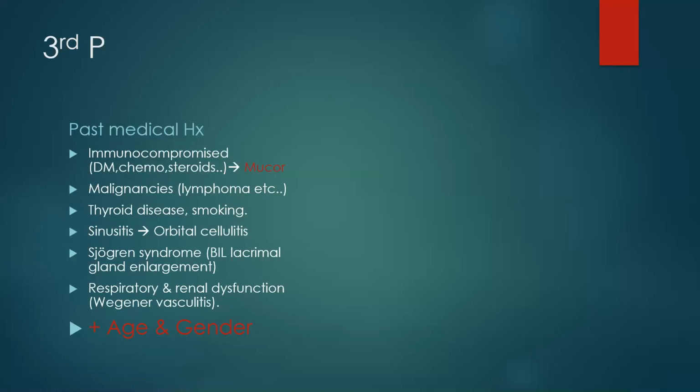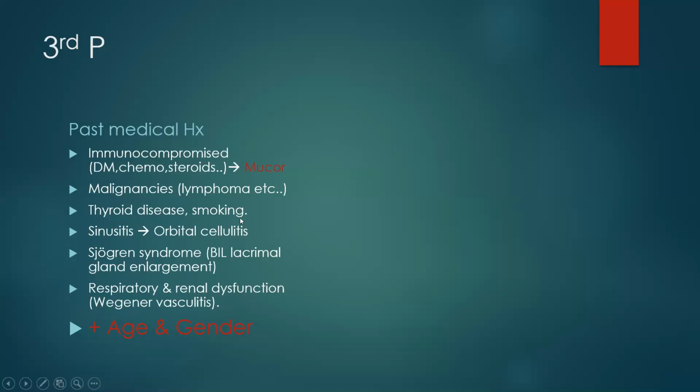The third P is past medical history, like a history of immunocompromised patients and diabetics, patients receiving chemo, steroids. This is very important in cases of suspicion of mucormycosis. Also, history of malignancy, lymphoma, and other malignancies if we suspect metastasis, thyroid disease, and smoking.